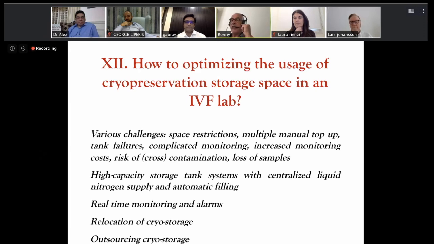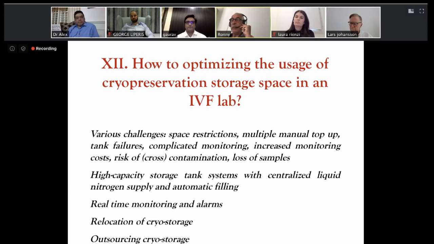There's the increased risk of tank failure if you accumulate. We had at a certain moment up to 60 tanks, so there are risks of failures and complicated monitoring. So I think many centers will see the end of the classical Dewars.